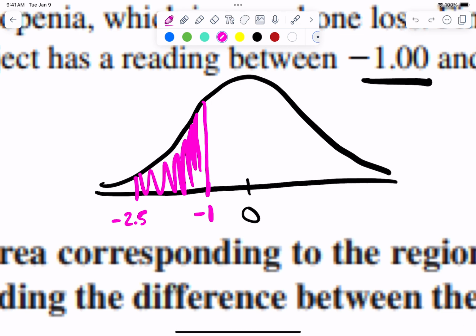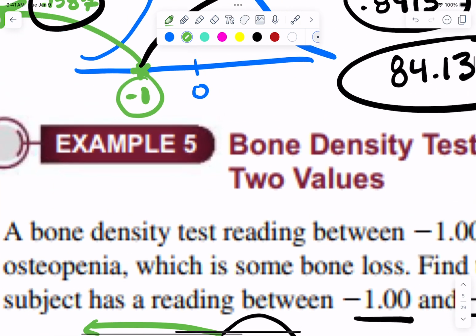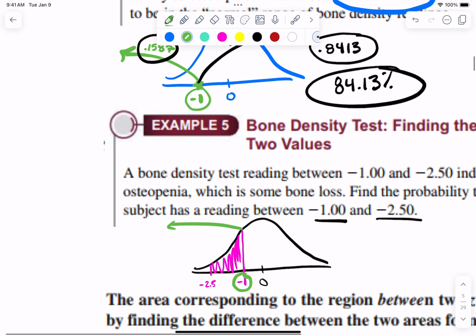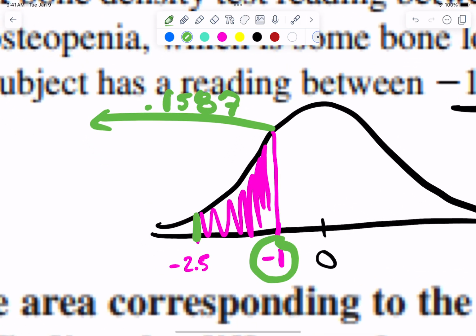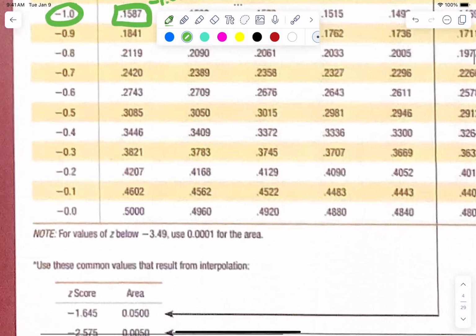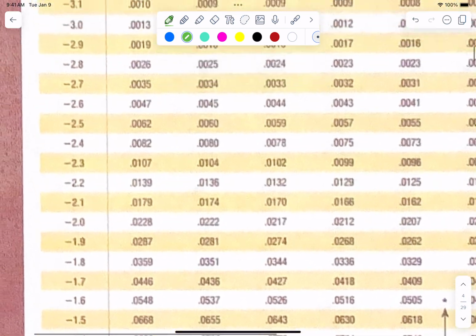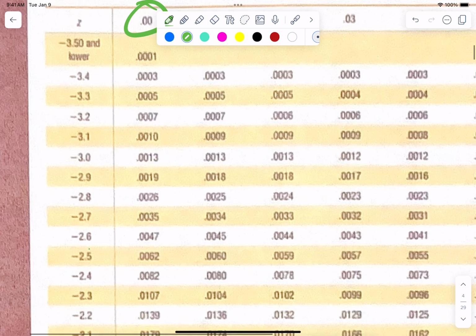I have two numbers here, so we look up -1 on the chart, which we did in the last example. What was -1 at? 0.1587. But then if I look up -2.5 on the chart, it is right here, and I go over to 0, so -2.50.